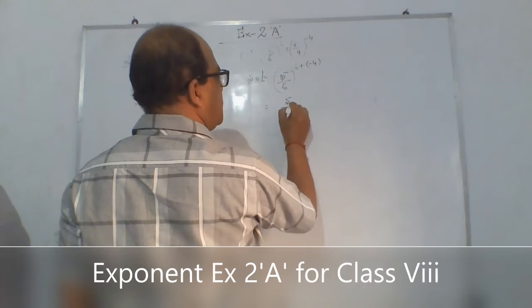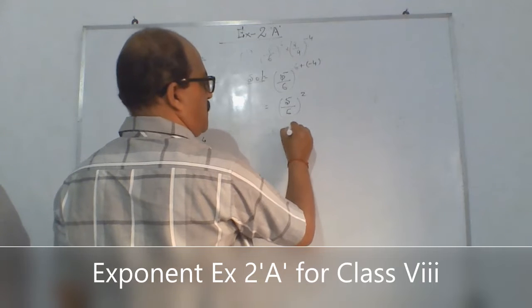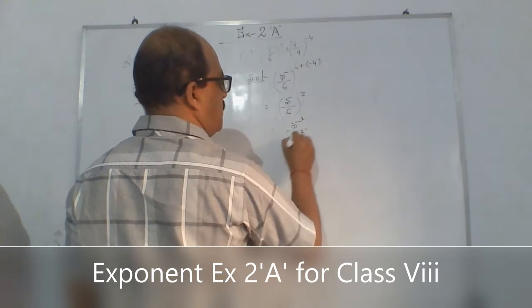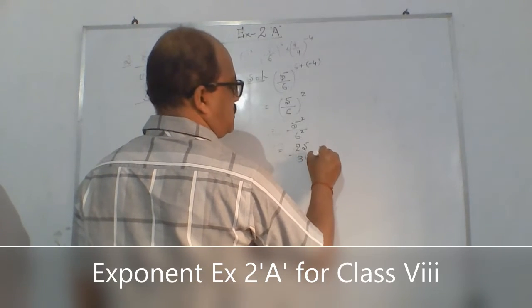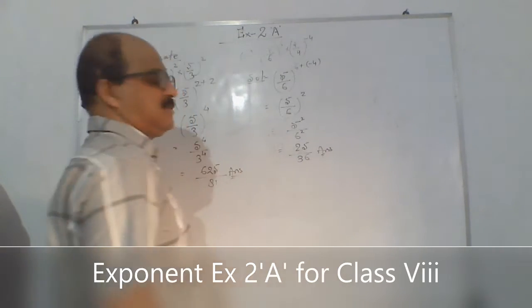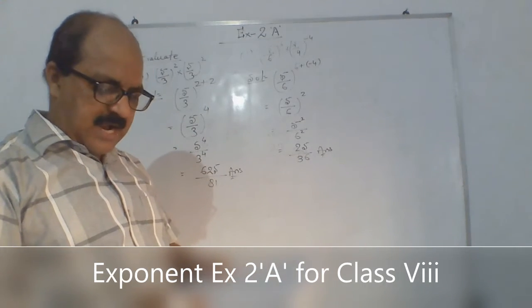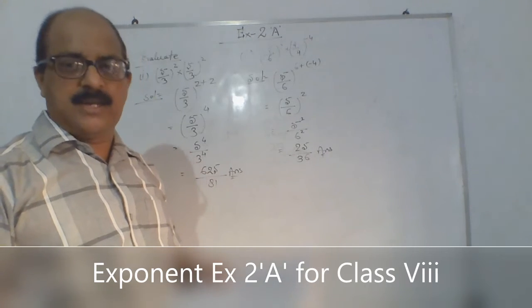So 5 by 6 to the power 2, 5 to the power 2 by 6 to the power 2, 25 by 36, and this is the simplification of it. Thus, question number 2 is completed, and the remaining 2 questions you will try on your own.